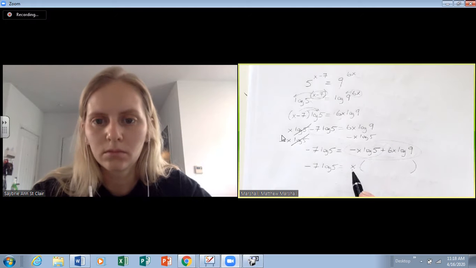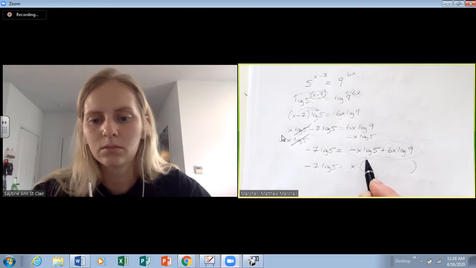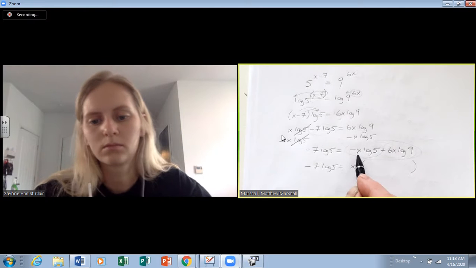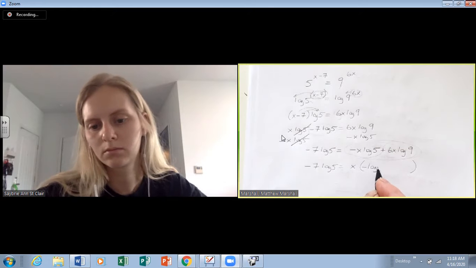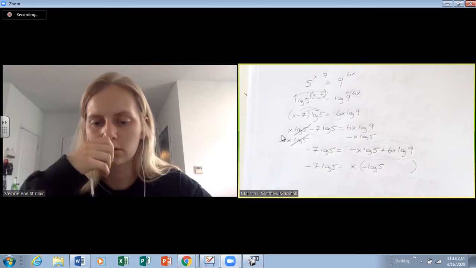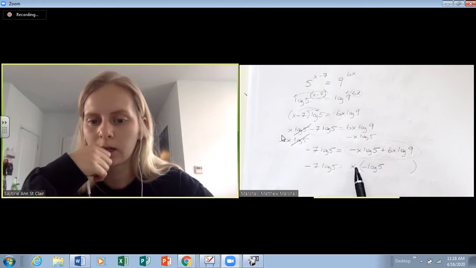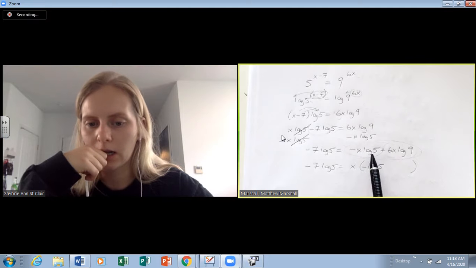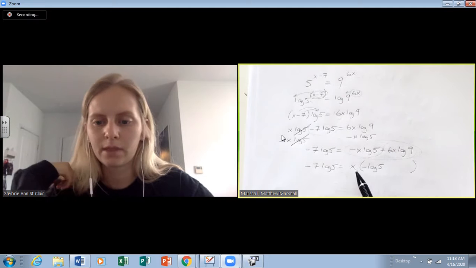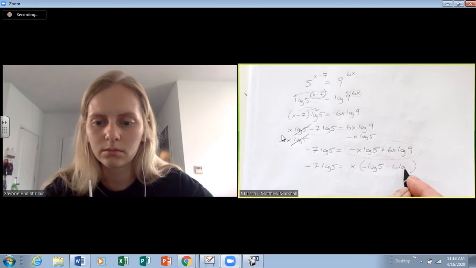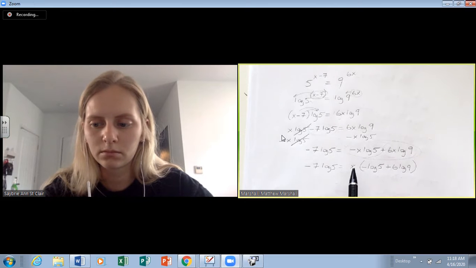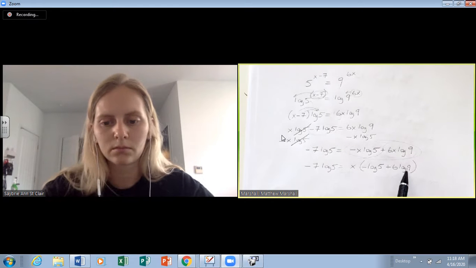So the only thing times x that would give me negative x log 5 would be minus log 5. Because if I distribute that times x, that gives me this. And then to get 6x log 9 from x, I'm going to write that as plus 6 log 9. Because if I take that x times that, that gives me 6x log 9.